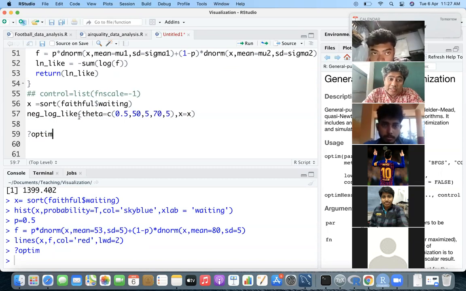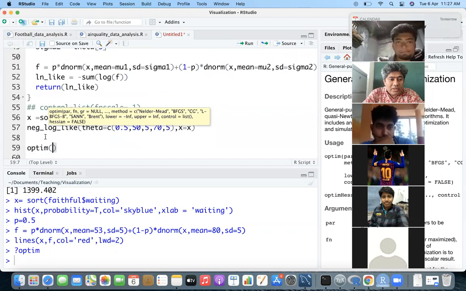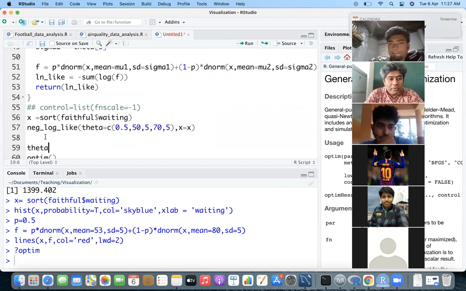And remember that the bug is still there. Let me just run it and then I'll explain why it is there and how we can fix it. So first I have to give some initial value. So theta.init. Maybe I'll just copy paste this. That will be good enough.